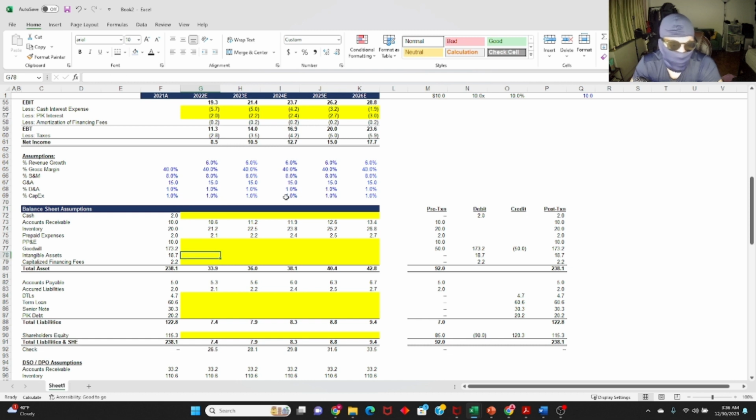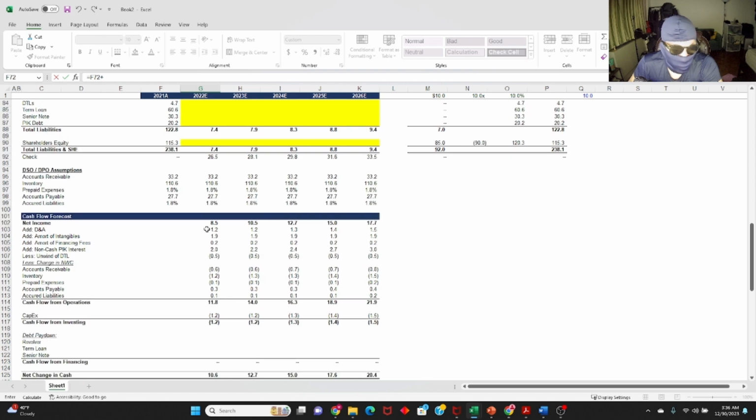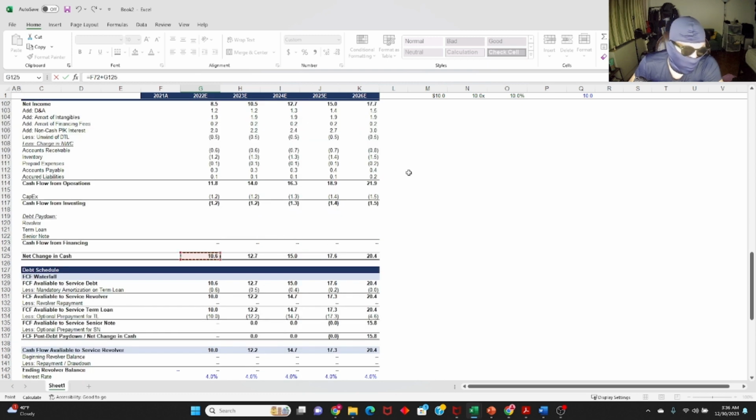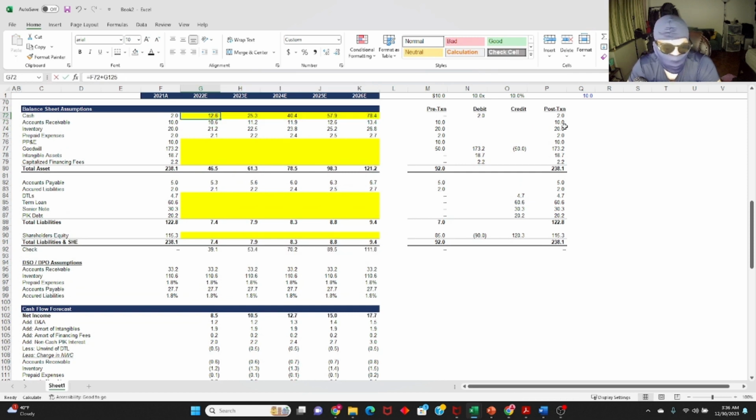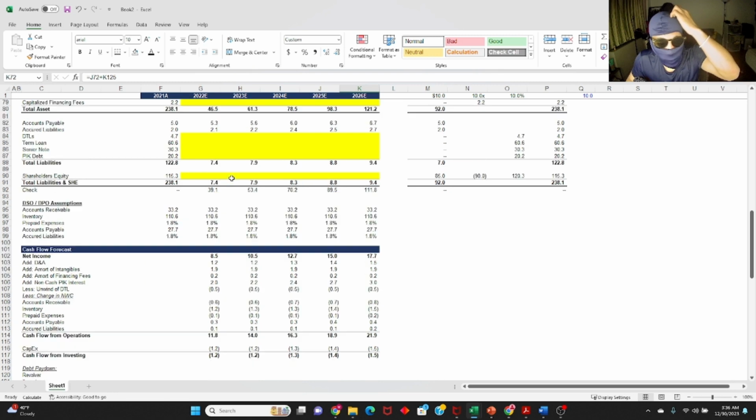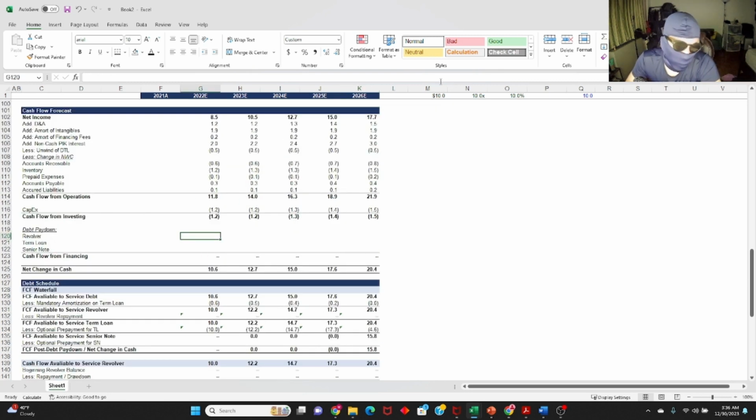And now you're going to link together your balance sheet. We're going to unhighlight these. So your cash is going to be equal to your prior period plus your net change in cash from your cash flow statement. Oh, wait, before we link the balance sheet, let's actually fill out the cash flow statement first, since these are the low-hanging fruits.